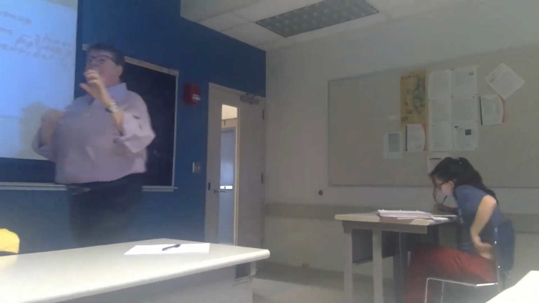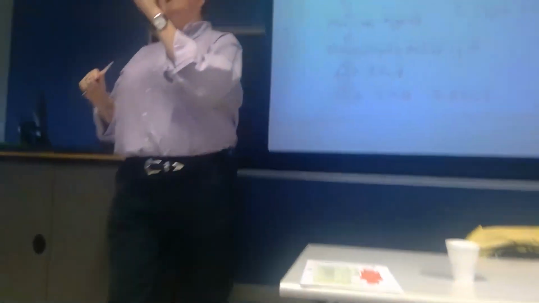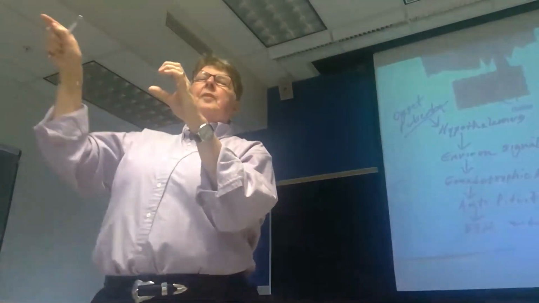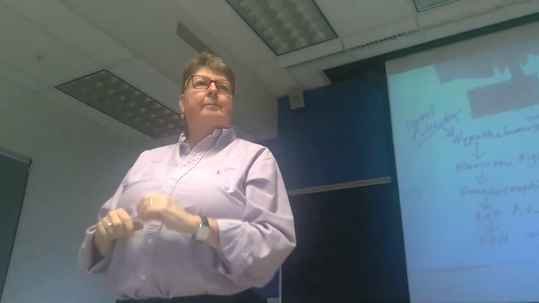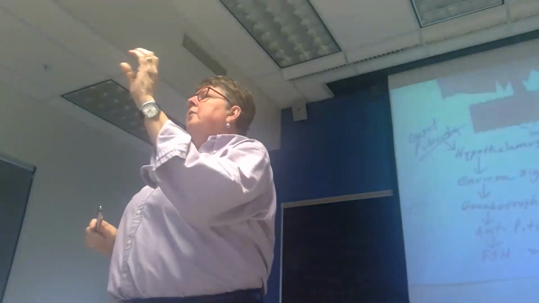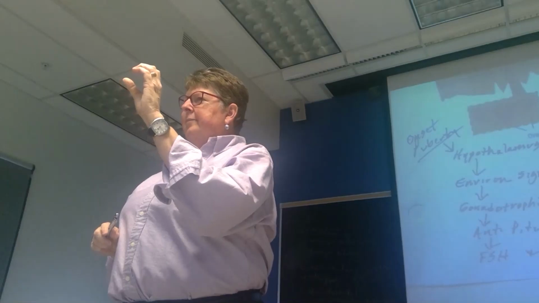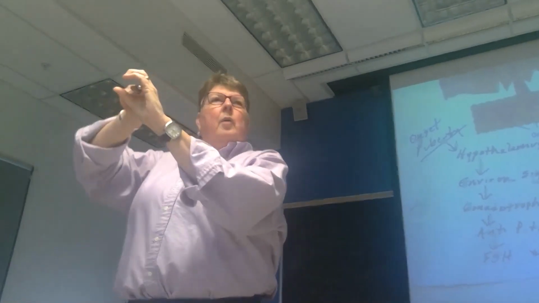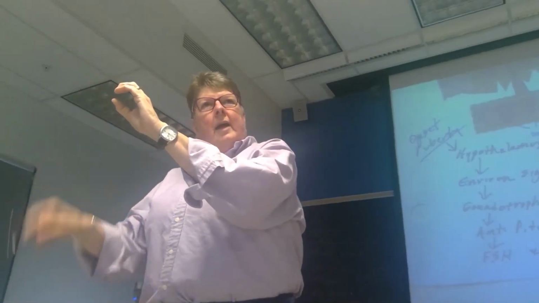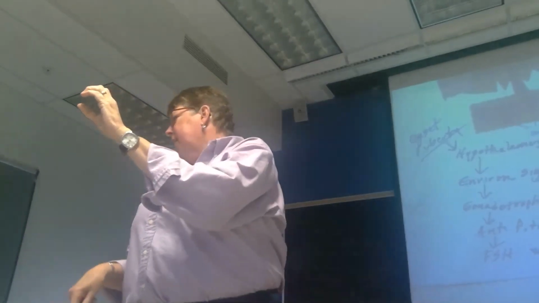Ovulation is caused by a strong release of LH, luteinizing hormone, which causes the egg to burst out of the follicle case. And that is called ovulation. Then this follicle case becomes an endocrine gland, and it produces progesterone, which helps to prepare the uterine lining for possible receipt of a fertilized egg.